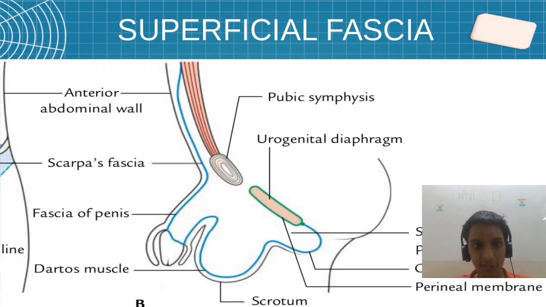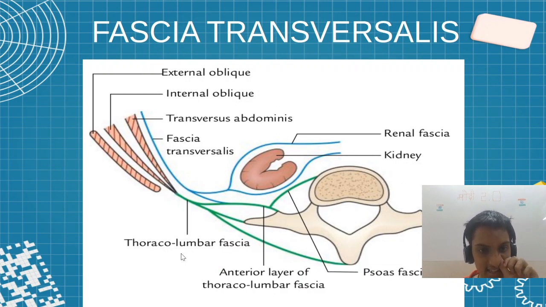And coming to the inferior, you are finding the Buck's fascia, the Colles fascia, and the Camper's fascia is also there. Also, you are finding the superficial and deep inguinal ring. I will explain in the inguinal canal video the details. Okay, right.